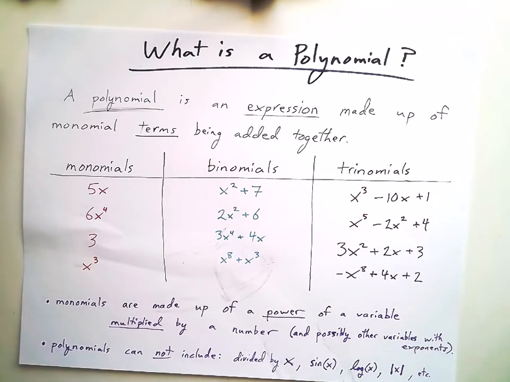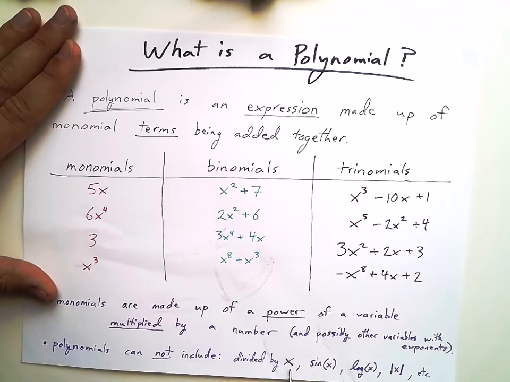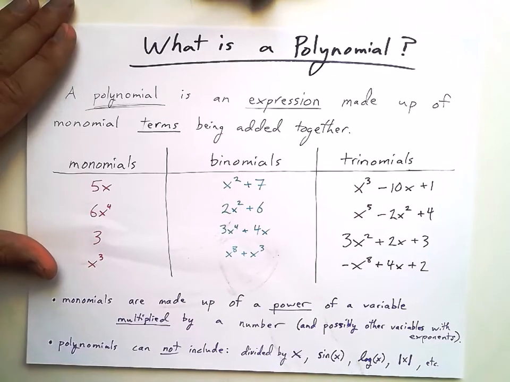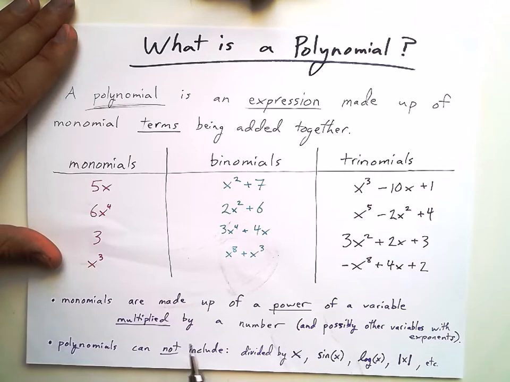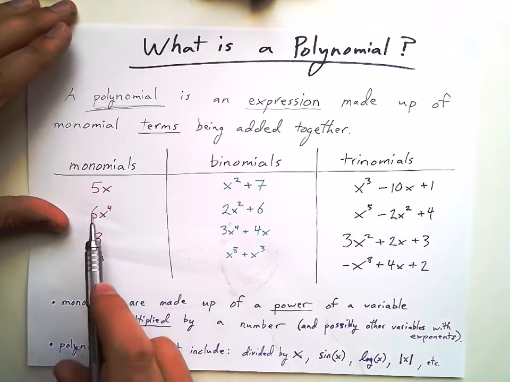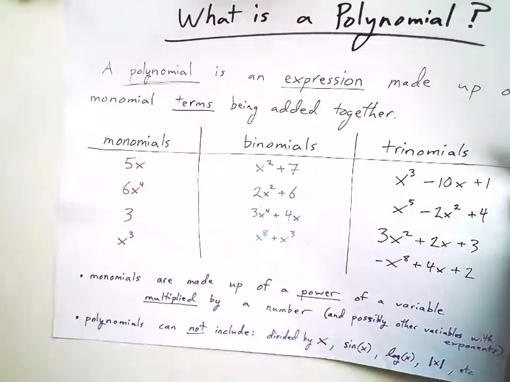If it has other stuff than what I just talked about, so if it's got divided by a variable, or sine or cosine or log, absolute value, if it contains any of that stuff, it's not a polynomial. It can only be variables with powers multiplied together with constants, and those terms added together.